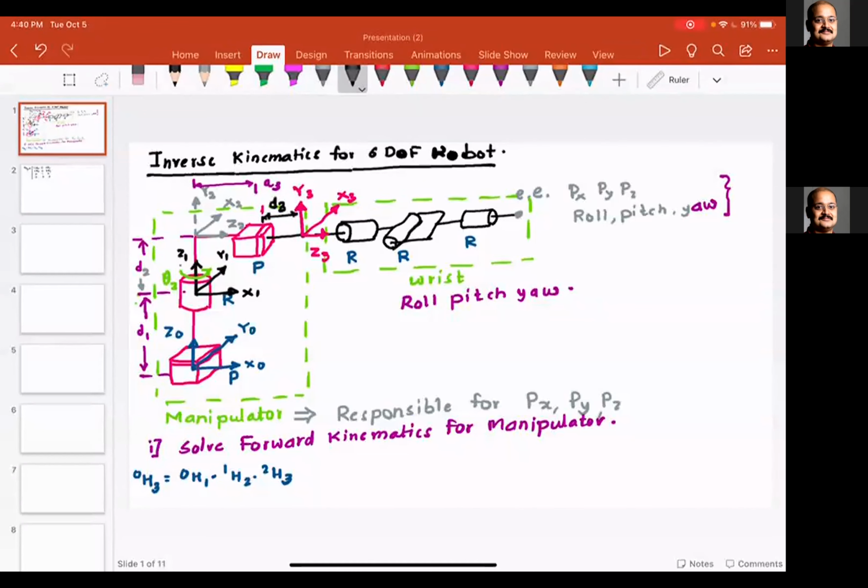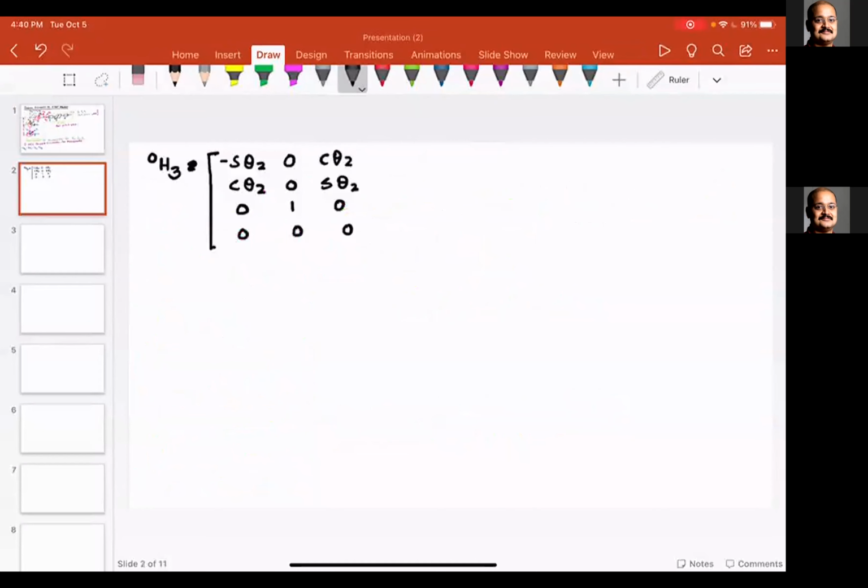So I'm going to set up this problem with the following px, py, pz.